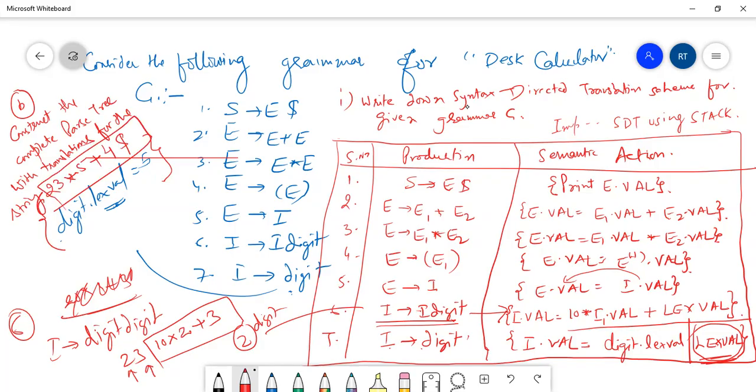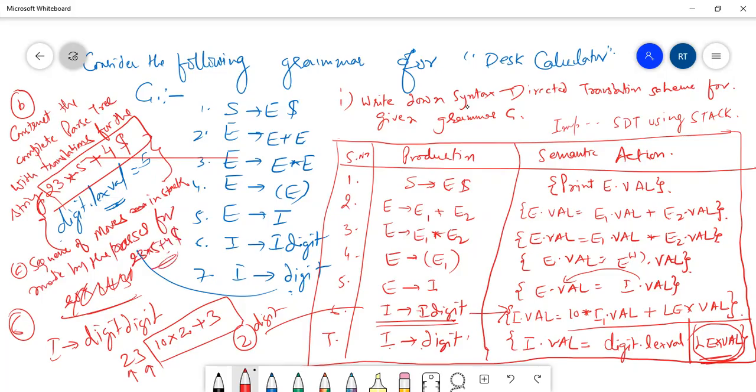Then in the next lecture, we will discuss the sequence of moves made by the parser in stack for the same string 23 star 5 plus 4 followed by dollar.